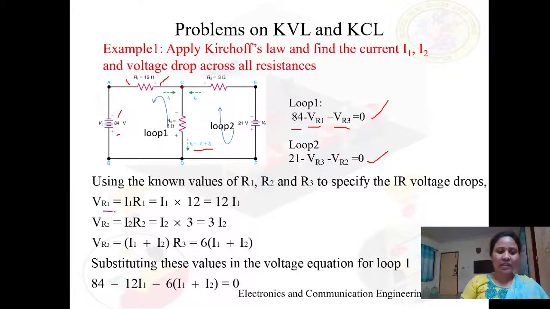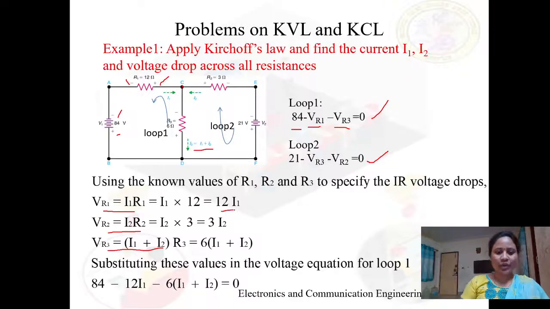Hence, we can write VR1 as I1 into R1, VR2 as I2 into R2, and VR3 as I1 plus I2 into R3. R1 is 12 ohms, R2 is 3 ohms, and R3 is 6 ohms.